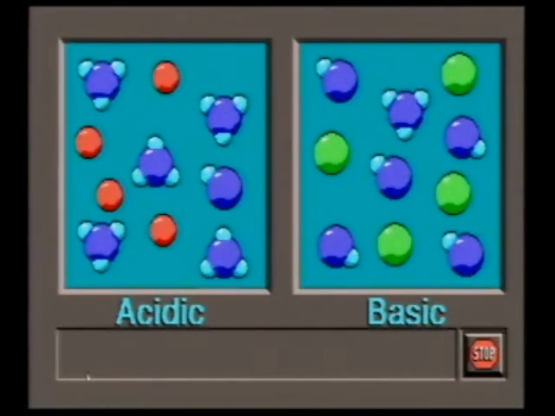An acid is a solution in which hydronium ions outnumber hydroxide ions. The stronger the acid, the greater the relative number of hydronium ions. The reverse is true for bases.